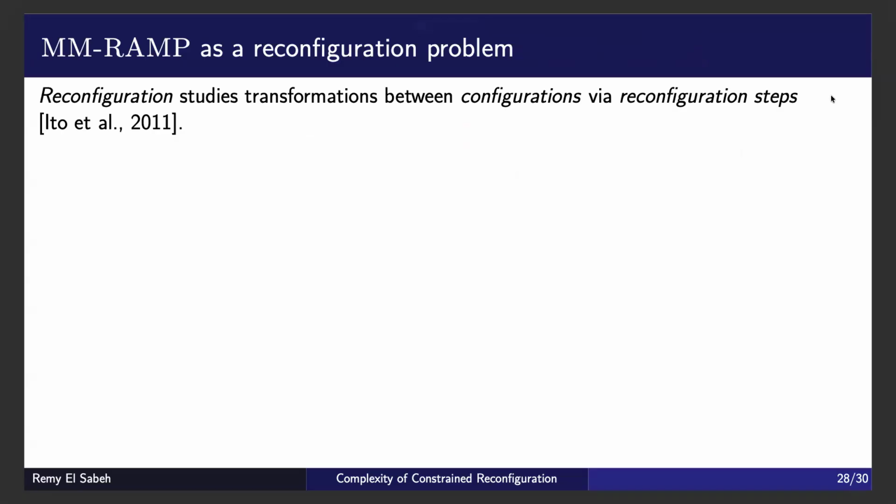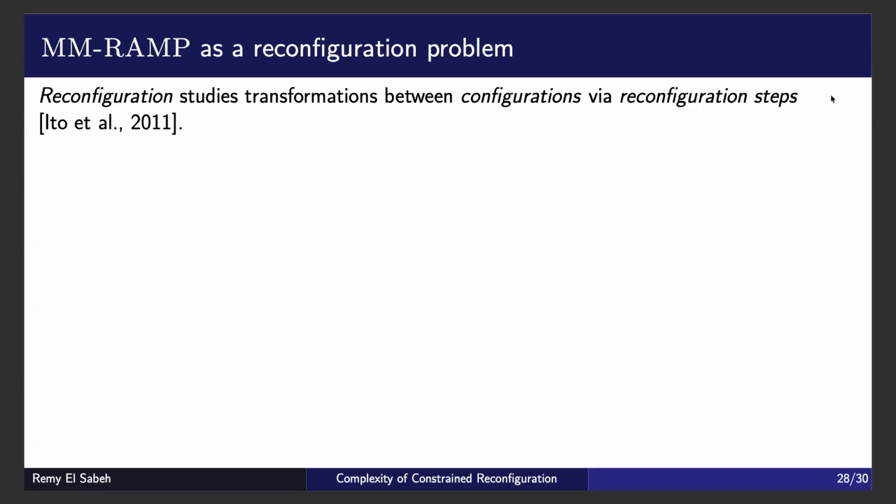And for those of you who aren't familiar with this, reconfiguration, briefly explained, is when we're looking at some problem and some solution to a problem, and what we're looking to do is to go from one of these solutions to another. So we're calling a solution a configuration, and what we're allowed to do with a solution is what we call a reconfiguration step.